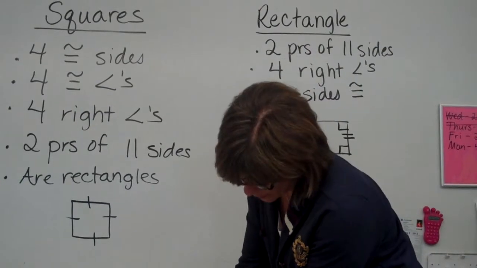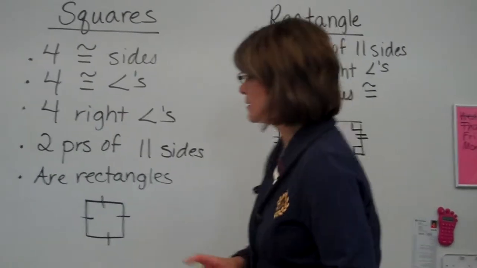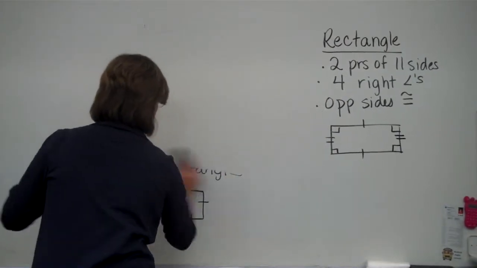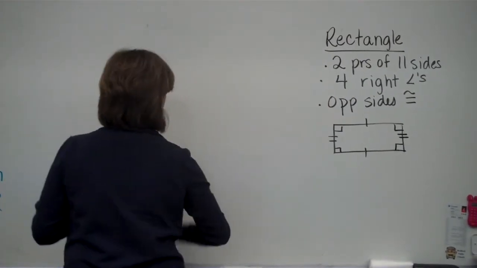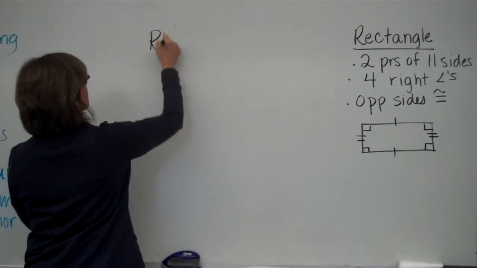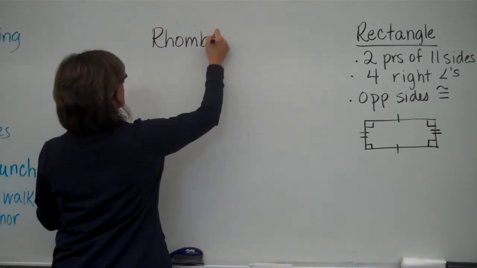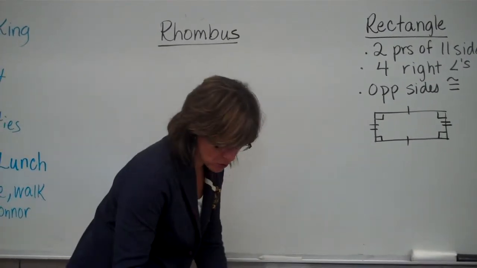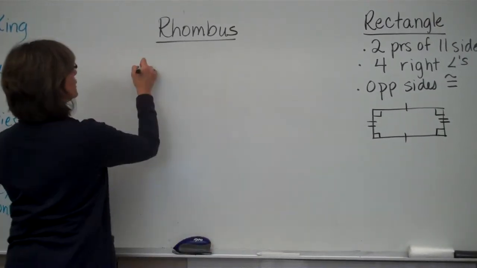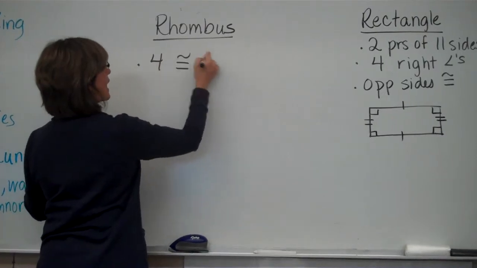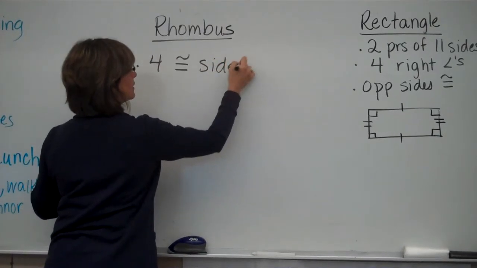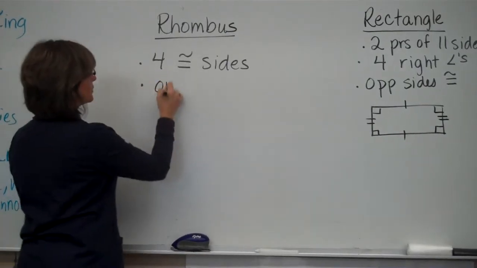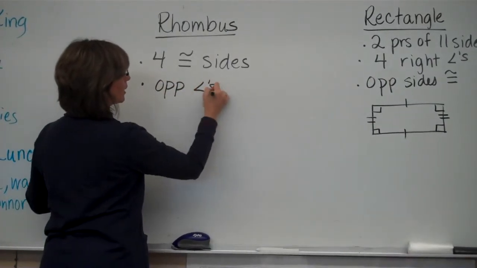Okay, so from here, we're going to go to a rhombus, another parallelogram. A rhombus is a lot like a square. It has 4 congruent sides. It has opposite angles that are congruent.